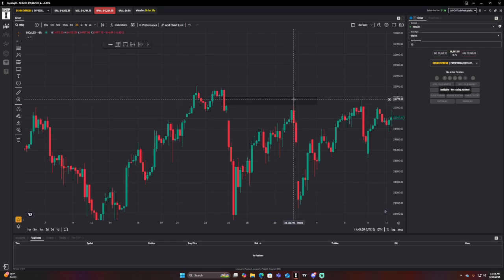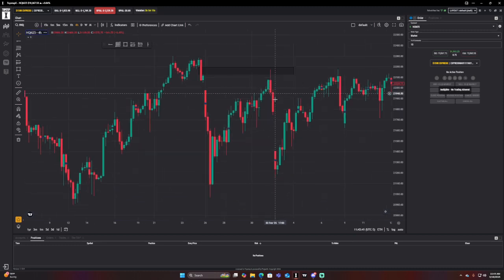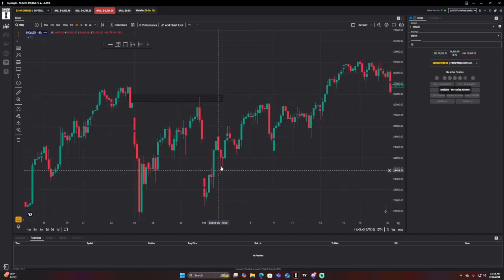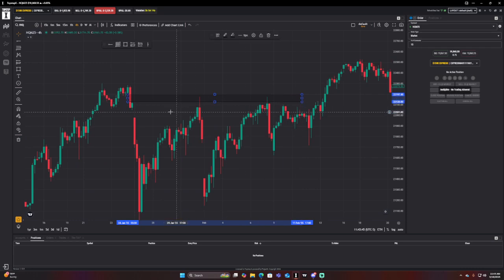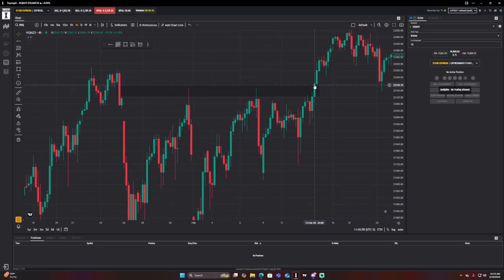We come up, we fill it, we reject, continue lower. And as you see, for a while, it got respected. Boom, respected, fall. It was not until this candlestick that it was finally disrespected. If we close past a gap, it's disrespected, it is not valid.